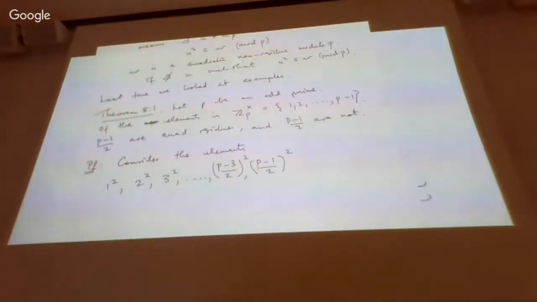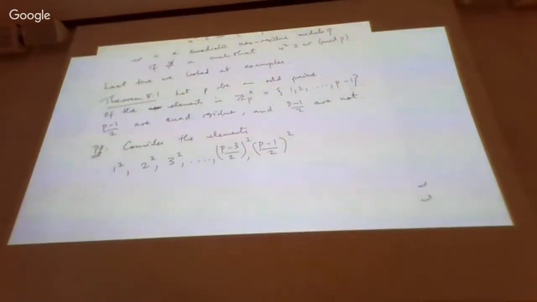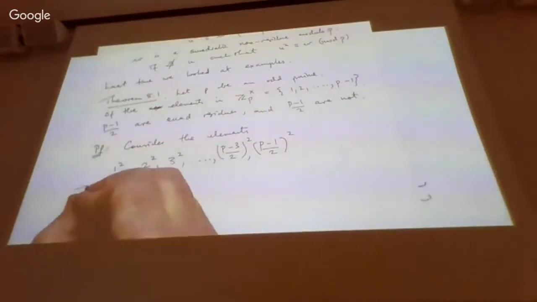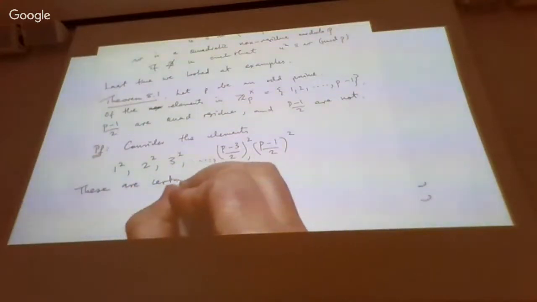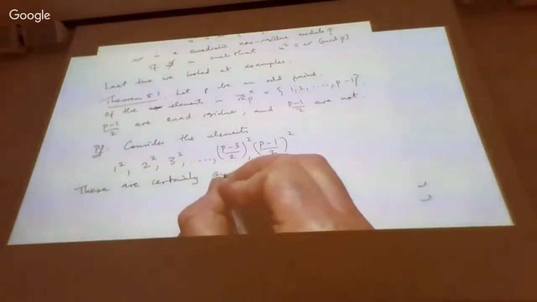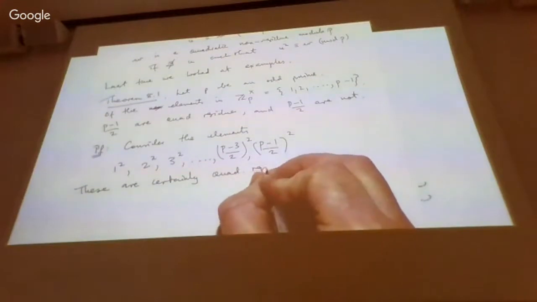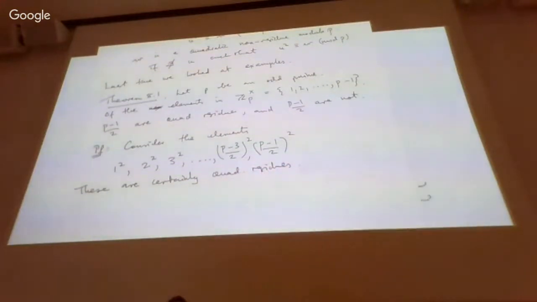So simply look at the squares of the first half of the elements. These are certainly quadratic residues. There's no question about that because they're squares. Quadratic residues are the congruence classes which are squares.